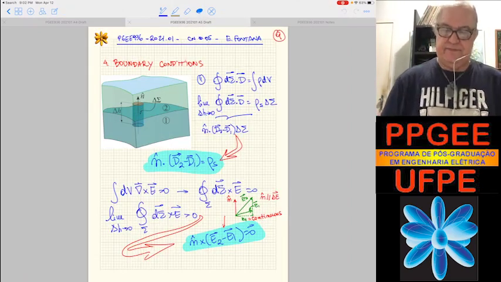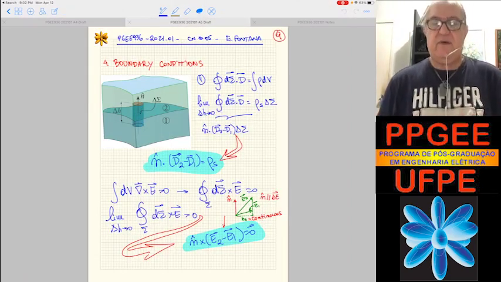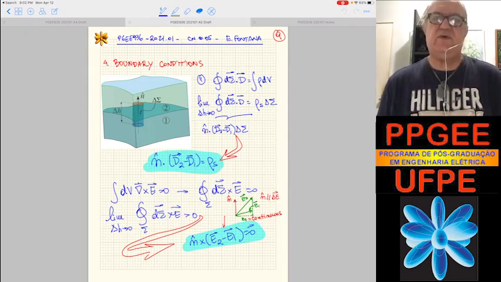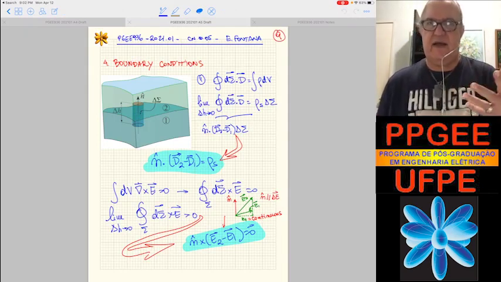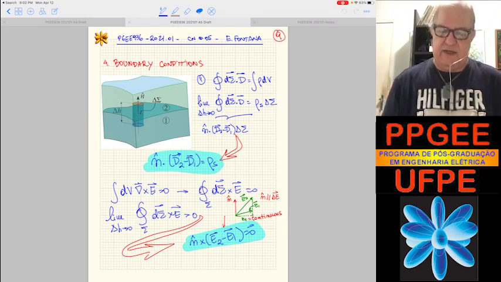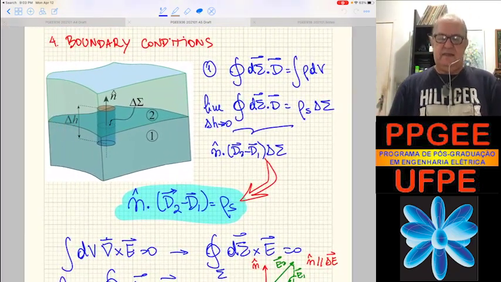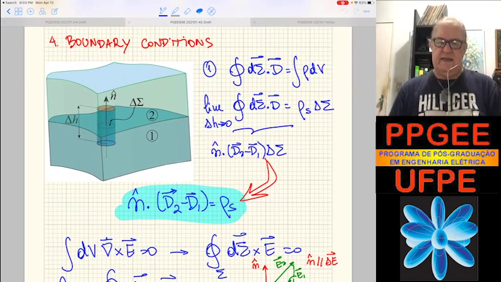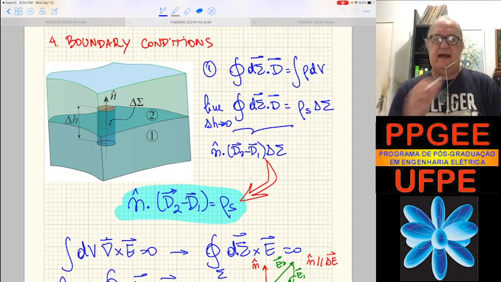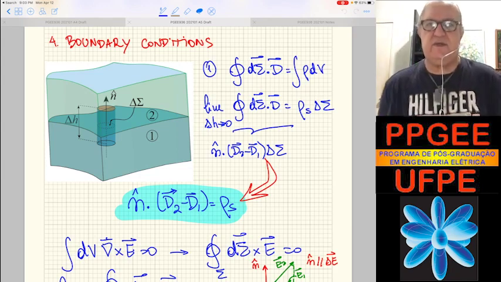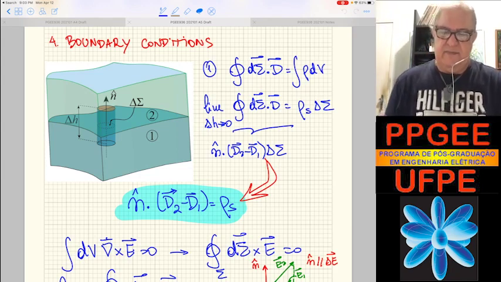Finally, I'm going to talk about boundary conditions. I'm going to explore that further; I'm just going to establish the equations now, and we are going to use them further on. As we use them, it's going to be easier for us to understand the concept better.